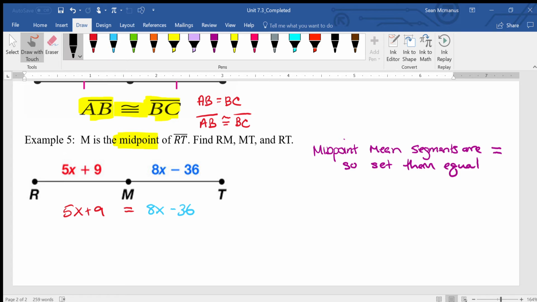And now I just want to get the x by itself. So again, there's multiple ways we could do it and places we could start. I always like to look for, get the x's together first. I know that the coefficient 8 is bigger on this side, so I'm going to subtract 5x. So that goes to 0, and then this is not going to create a negative number.